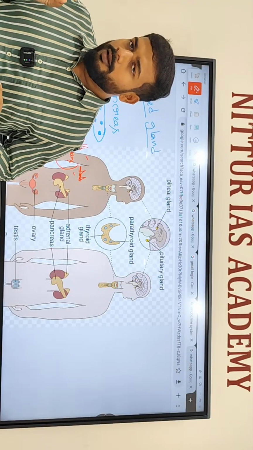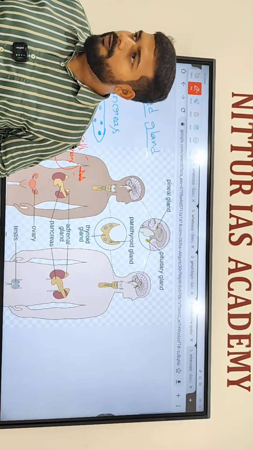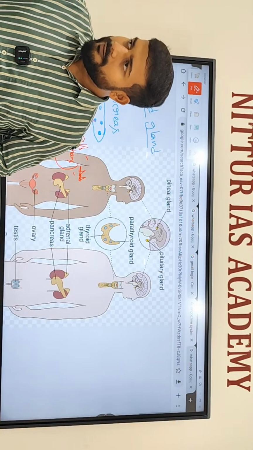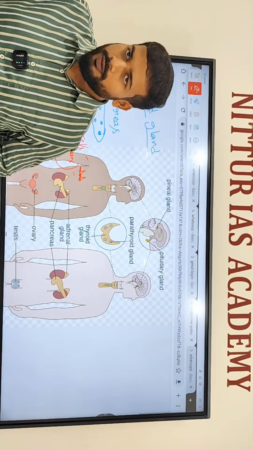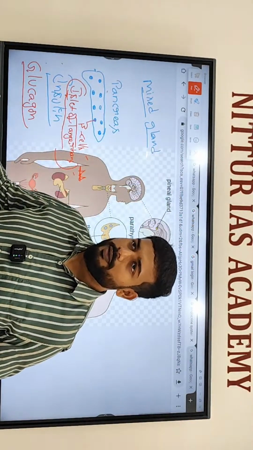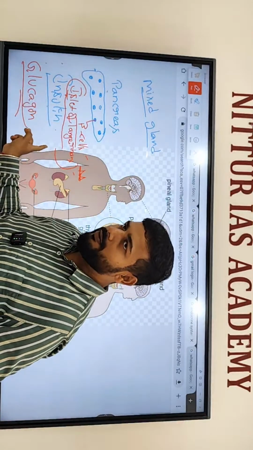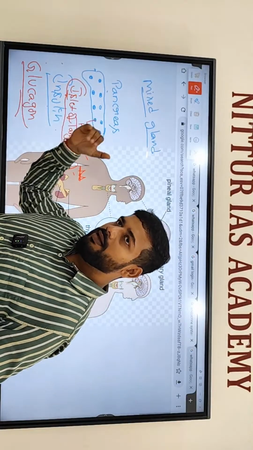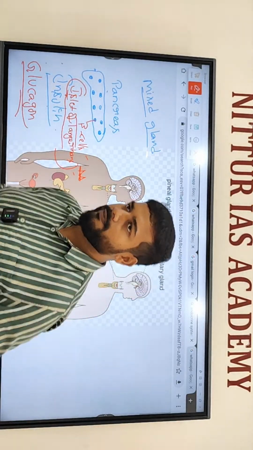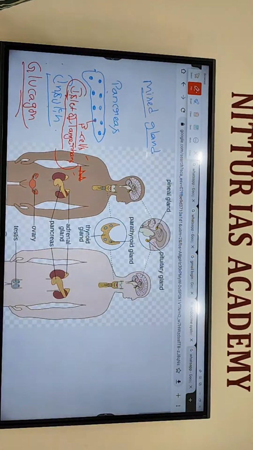When you are fasting, the glycogen is required back in the form of glucose. The glycogen is converted back into glucose with the help of a hormone called glucagon. Insulin converts glucose into glycogen. Glucagon converts glycogen back to glucose. Okay. This process is glycogenesis.